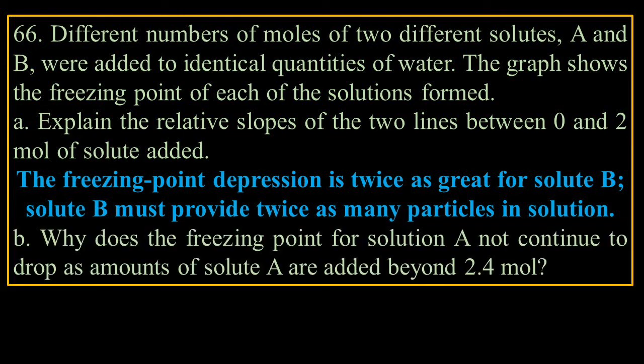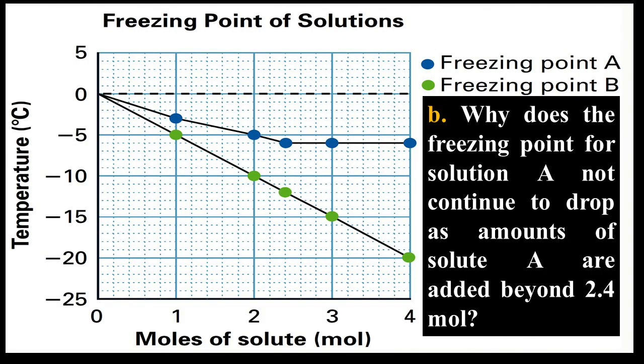Why does the freezing point for solution A not continue to drop as amounts of solute A are added beyond 2.4 moles? Okay, let's go back to the graph, and we can see that at 2.4 moles, solute A remains constant.